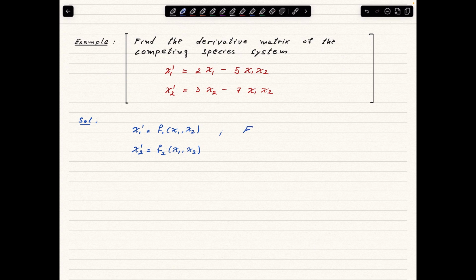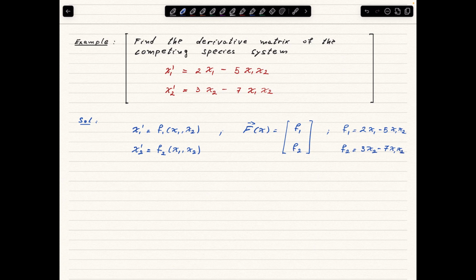The field of the equation is f1 and f2, and the functions f1 and f2, of course, are: f1 is nothing more than 2x1 minus 5x1 x2, and of course f2 is 3x2 minus 7x1 x2.